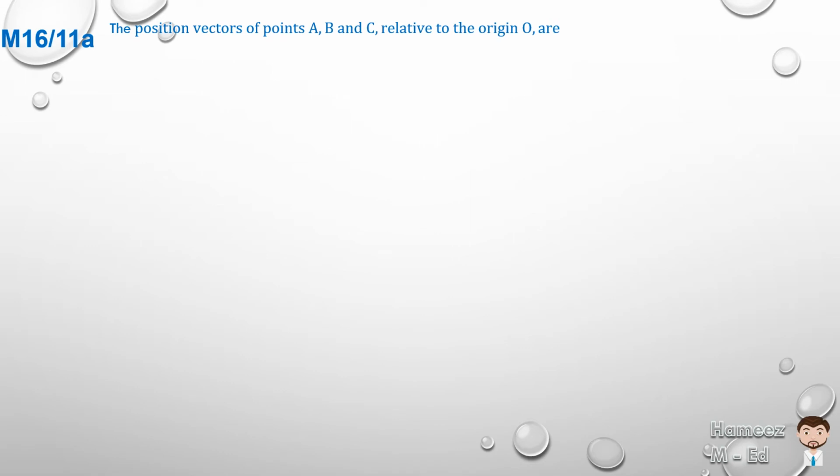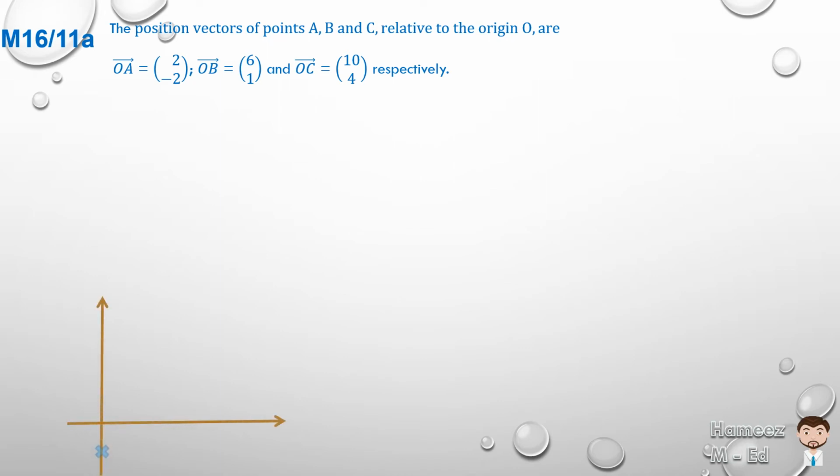May 2016, number 11A. The position vectors of points A, B, and C relative to the origin O are OA equal to (2, -2), OB equal to (6, 1), and OC equal to (10, 4), respectively. Now, they didn't give us a diagram, so let's make a sketch. X and Y axes, and the point of intersection will be O. We know OA is (2, -2), so start from O, move 2 units to the right and 2 units down.